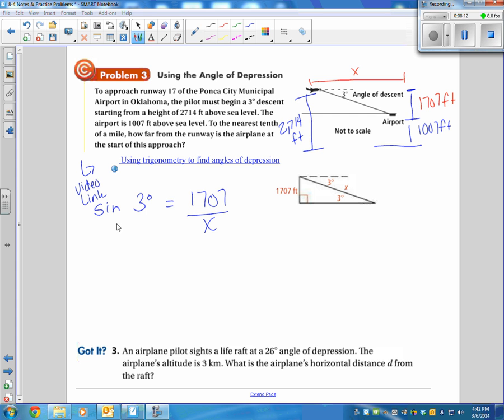If we cross multiply, we'll end up with the sine of 3 degrees times x equals 1707, and that will allow us to divide by the sine of 3 degrees. Let me just punch that in the calculator and see.